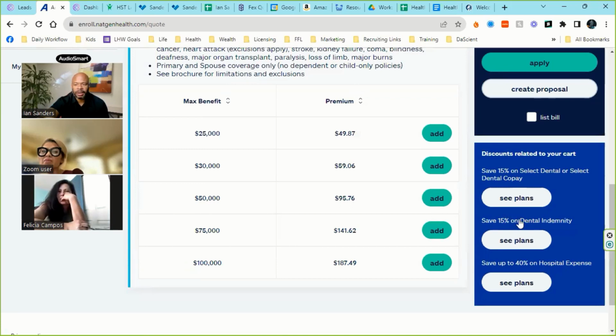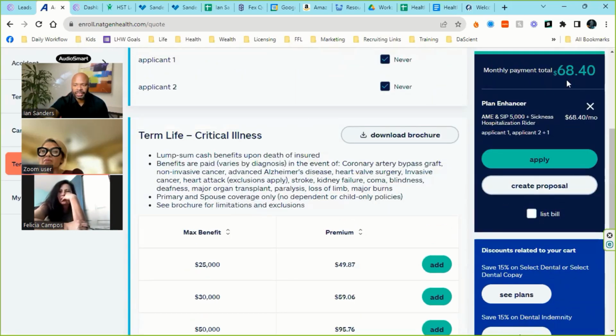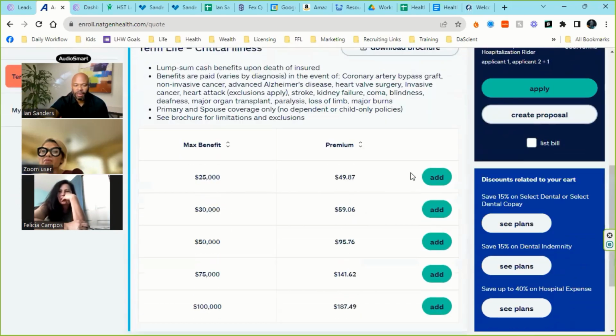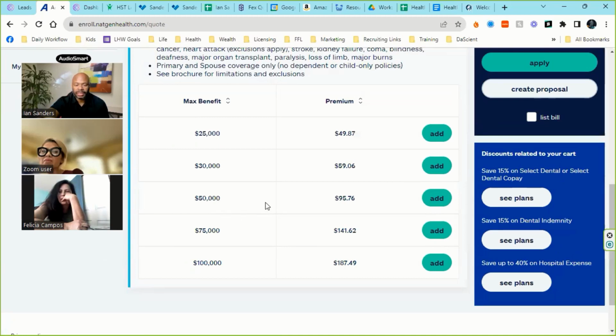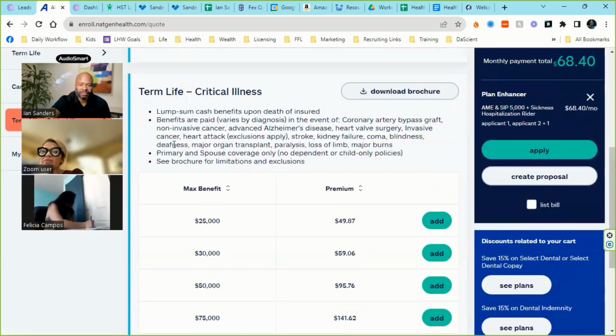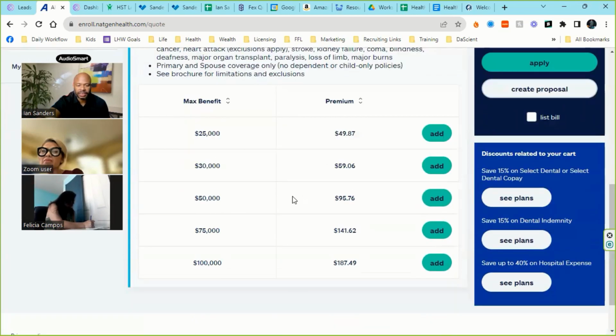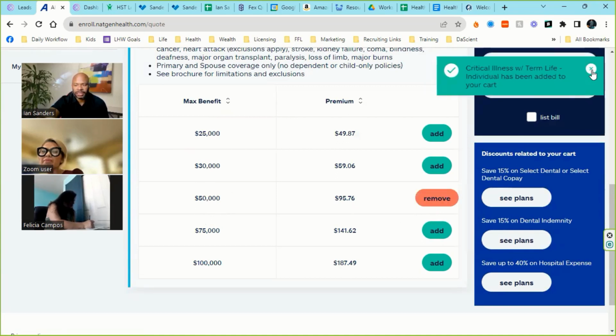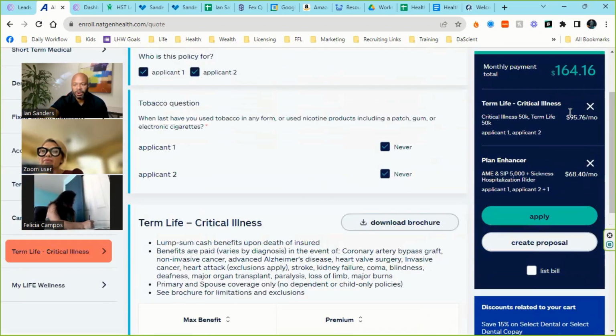And so because I'm mindful of this, I'm already at $68.40. What I'm going to do is add the $50,000 critical illness. So basically what that means is if they have cancer, heart attack, stroke, kidney failure, coma, blindness, any of these things, at first diagnosis, they're going to pay them $50,000 right off the bat. And that's $95.76 for the family.